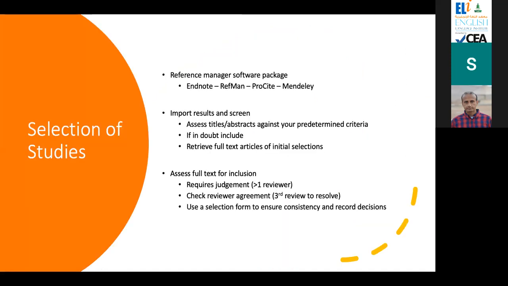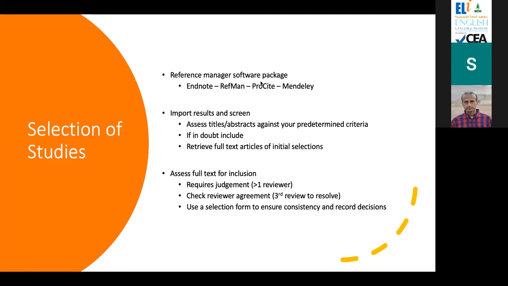Now, after finding research and selecting the studies, there are certain other things that can help us. For example, during this process it's important to use reference manager software, where we can use EndNote, RefWorks, ProCite, Mendeley, or Zotero. That is one of my favorites, because it's free.